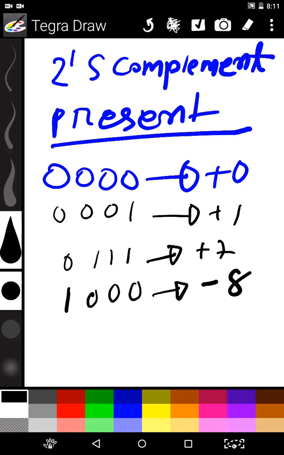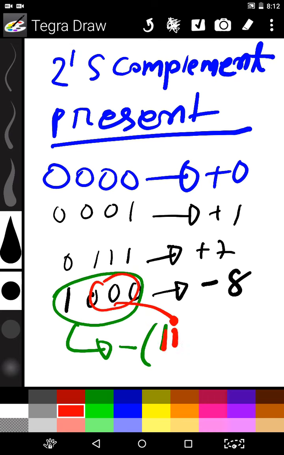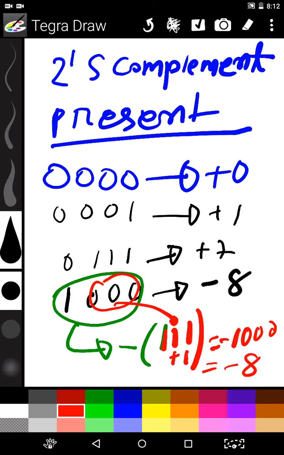How? Now we go for the reverse conversion. For reverse conversion of 2s complement, we take a minus sign and take the 1s complement of this. The 1s complement of this will be 0 1 1 1. Add 1, that gives 1 0 0 0, minus 1 0 0 0, which is equal to -8. So this gives -8.